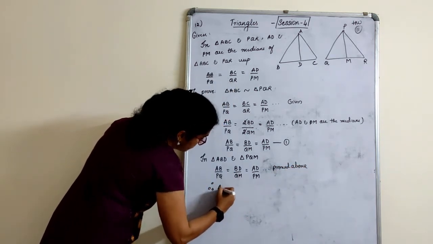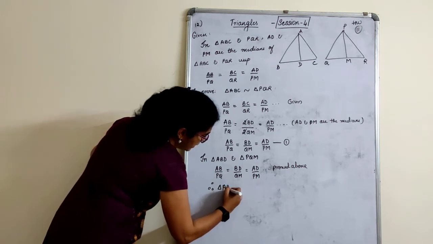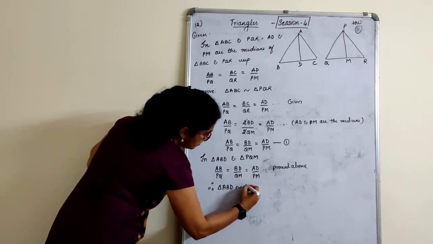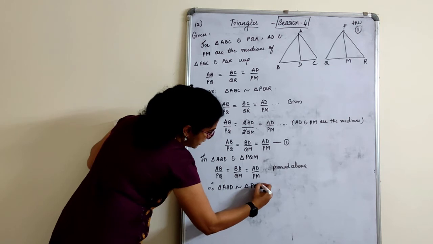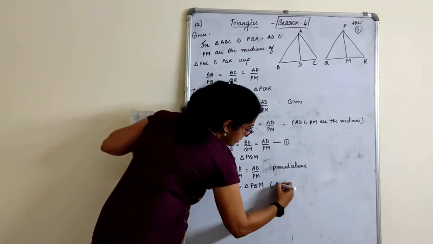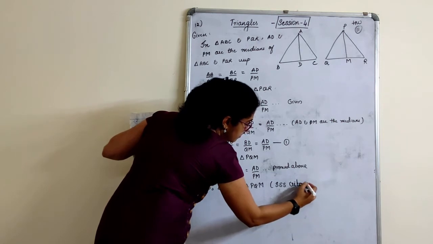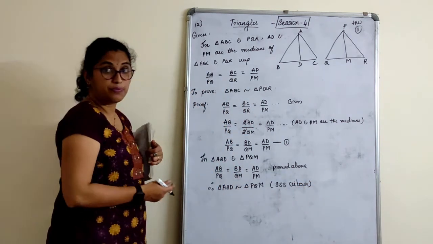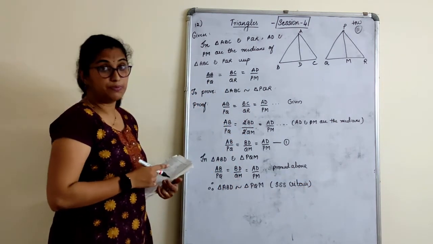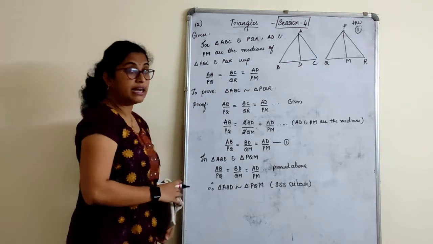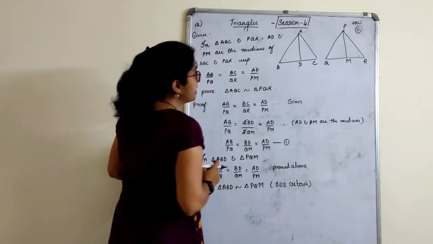Therefore, triangle ABD is similar to triangle PQM by SSS criteria. But that is not what we have to actually prove, right? But from this we prove that at least these two triangles are similar.